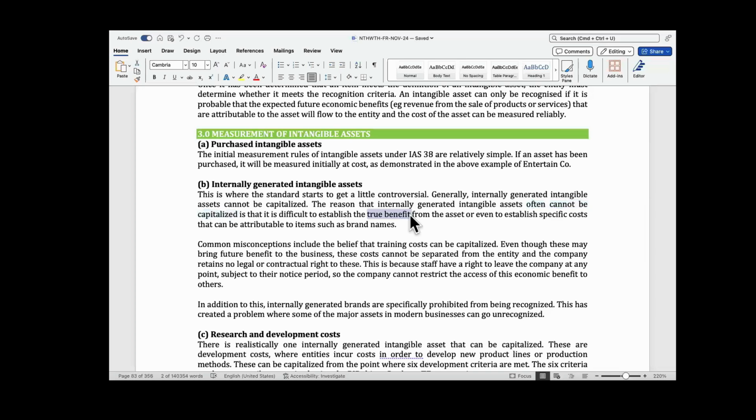Or you cannot even know how much you have incurred to develop that good name. The major challenge is how much benefit can you get from them, and how much did you even spend to get this good name? We cannot reliably measure those two ends. That's the major reason why internally generated assets are not recognized in the books.